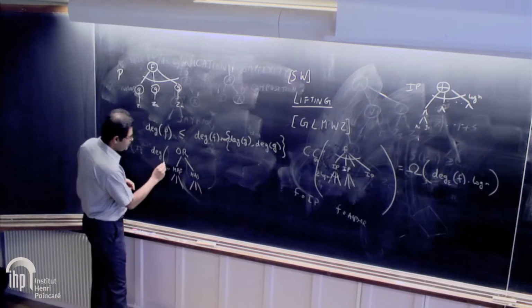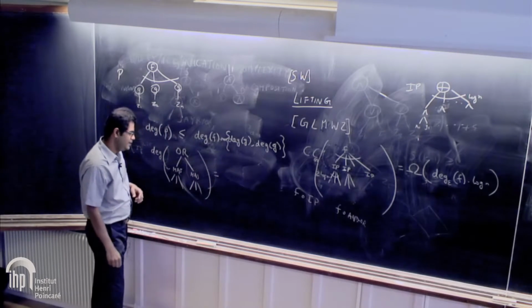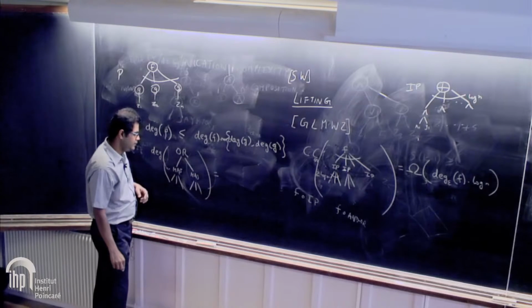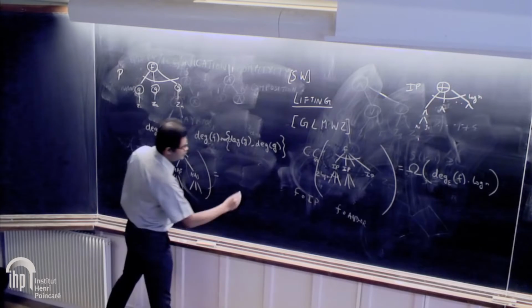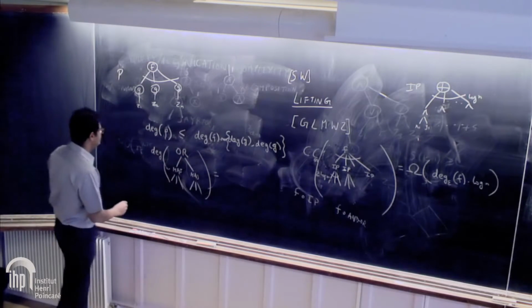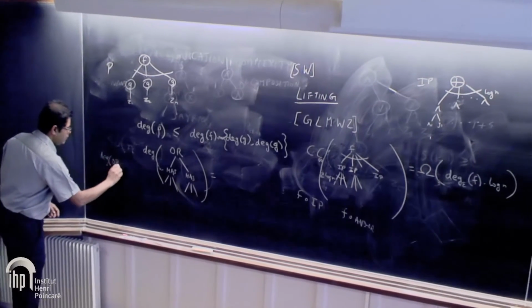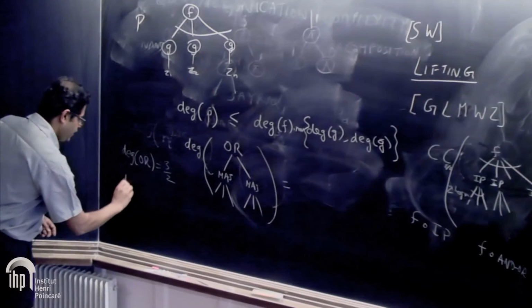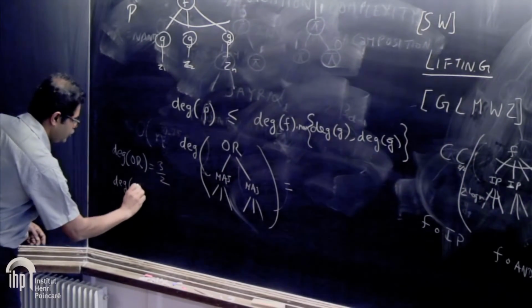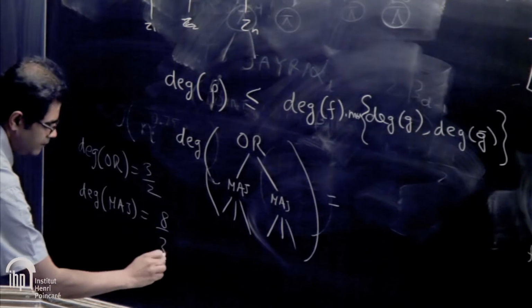So for this particular function, if you look at OR, let me write down some things here. So the degree of OR is 3/2, and the degree of majority on 3 bits is 8/3.